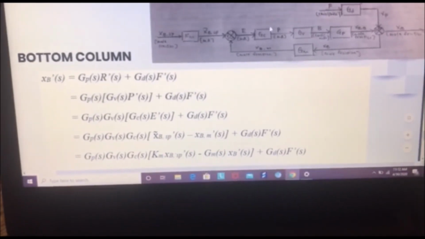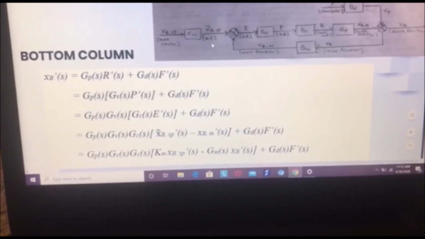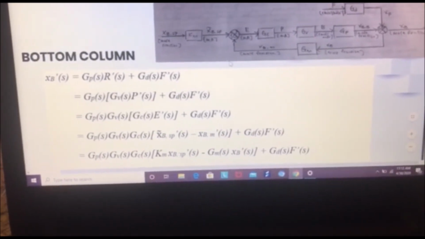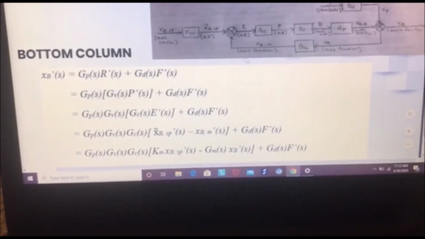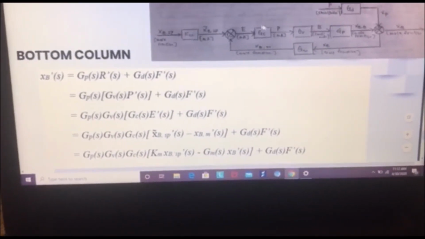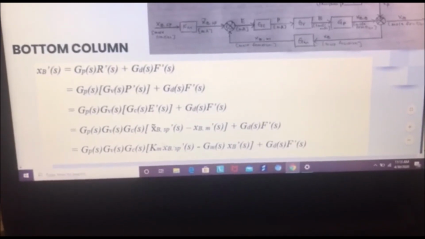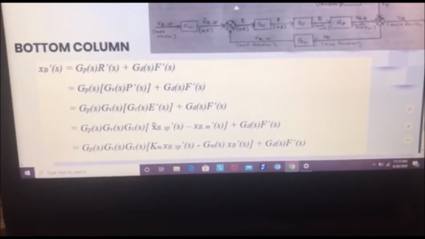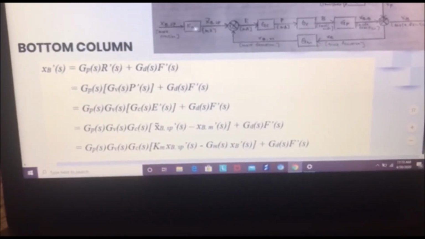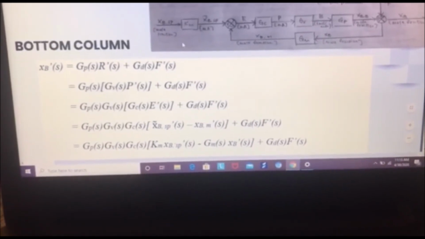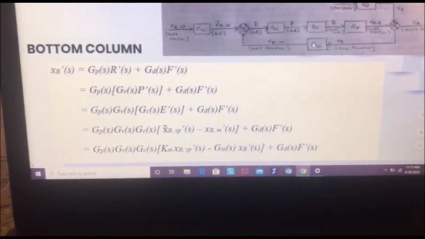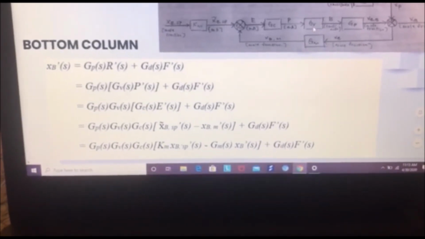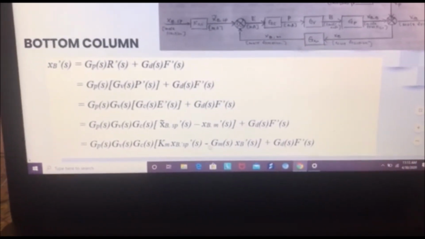The Es here will be equal to the initial set point minus the measured value of x. The initial set point here will be equal to the set point times the steady state gain value, minus the sensor transmitter transfer function with xb.